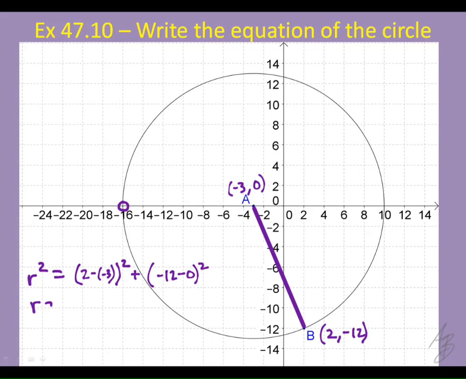So r squared is equal to, what is 2 minus negative 3? Okay, so we're going to have 5 squared plus negative 12 squared. What is 5 squared? 12 squared?